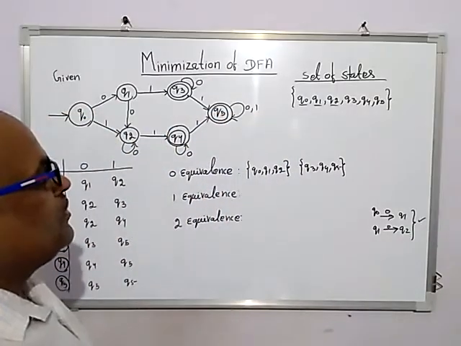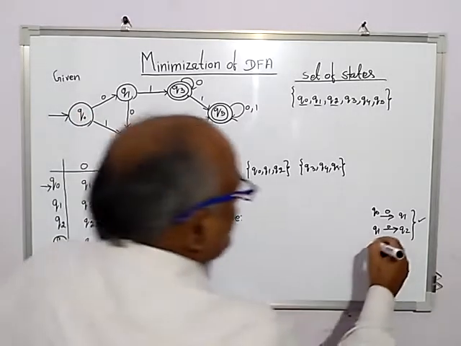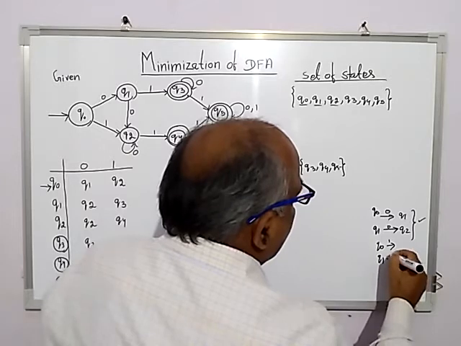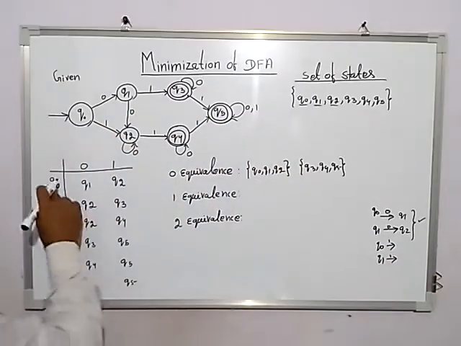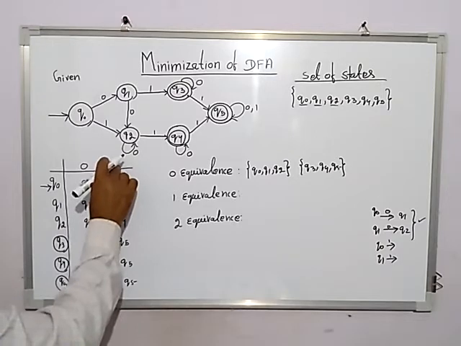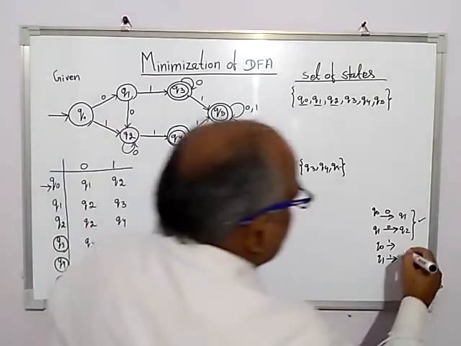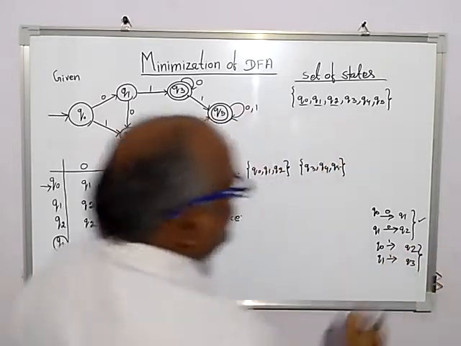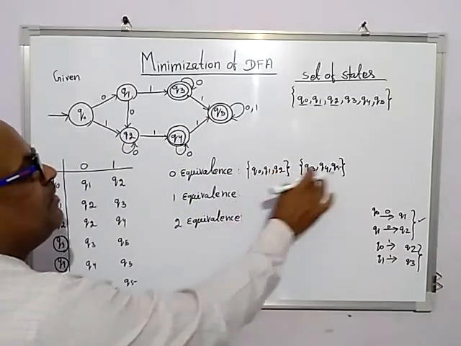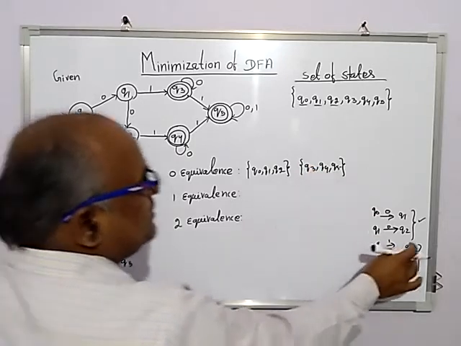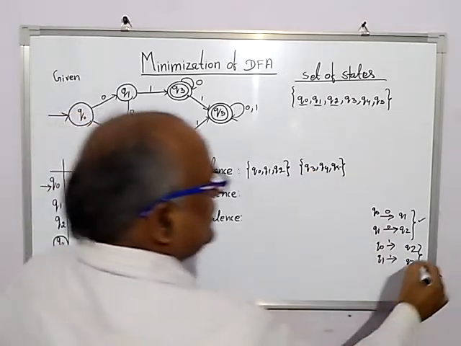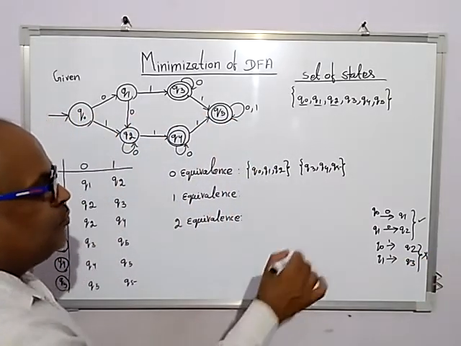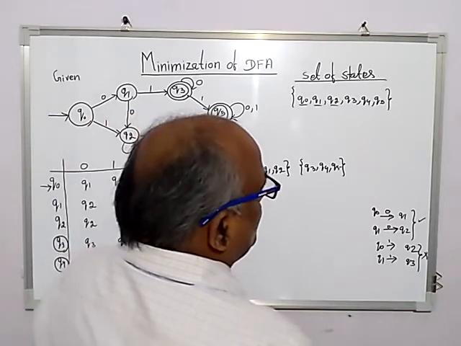But we have to consider the 1 input. For Q0 and Q1 on input 1, the machine will go to Q2, Q3. So if you consider Q2, Q3, Q2 is present here, Q3 is present here, since these are not available in the same set, Q0 and Q1 are not 1 equivalent.